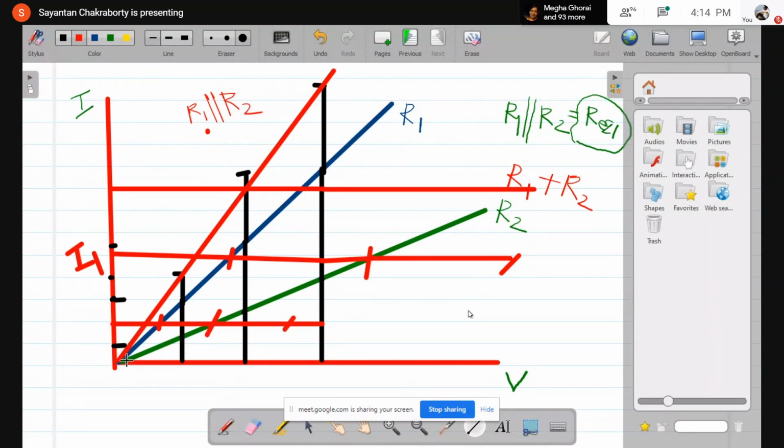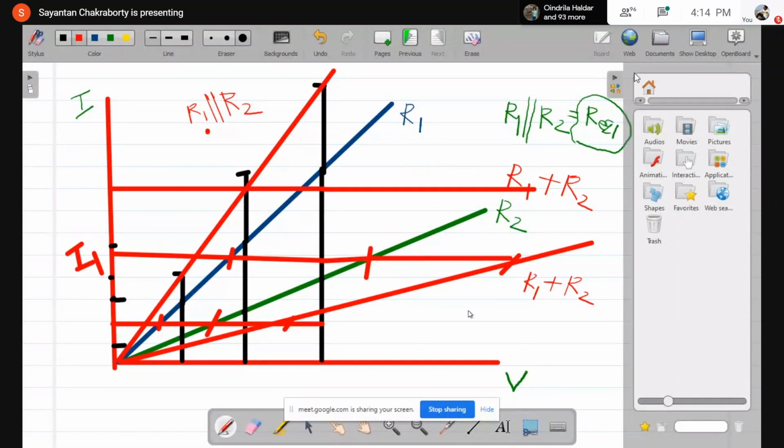So ultimately, this will be your R1 plus R2. Okay. So in this way, given the VI characteristics of R1 and R2, you can obtain both series and parallel combinations of these resistances.